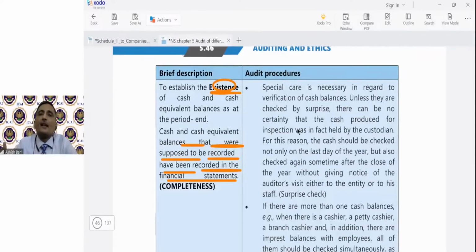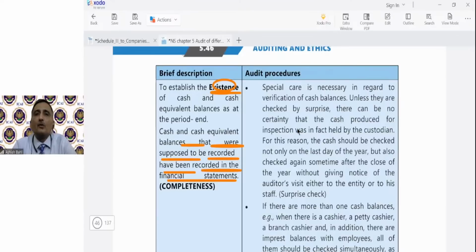And if cash exists, then rights also exist in respect of that amount. So that is why rights are not discussed separately. If the company is having a balance in the account, then it has a right over that money. So it flows from the existence, and it has not been discussed separately from a student's point of view. Okay.